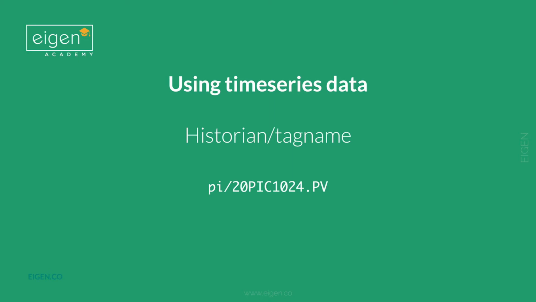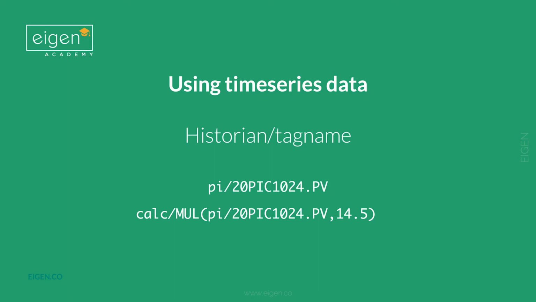To use time series data, we need to address it with the historian and the tag name. So for example, if we wanted to access data from PI, the historian might be configured with the name pi, and then we have slash and the tag name. If we want to make this into a calculation, we would wrap it in the function and address the calculation historian first.